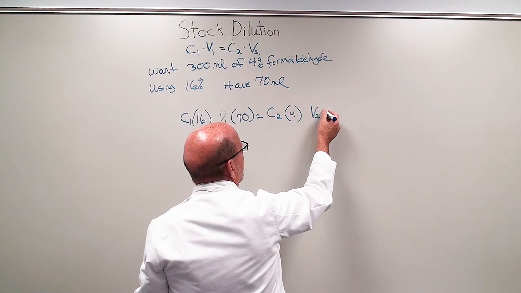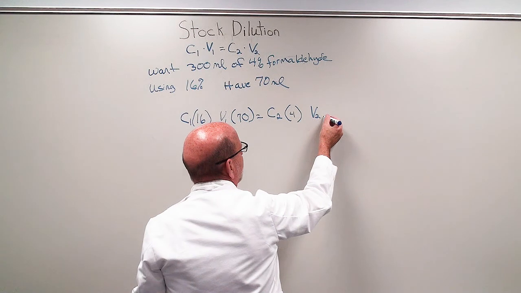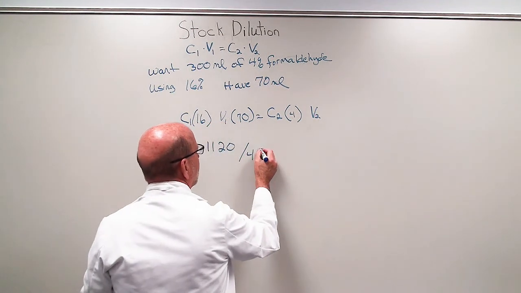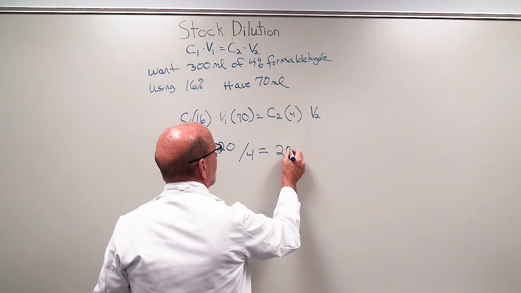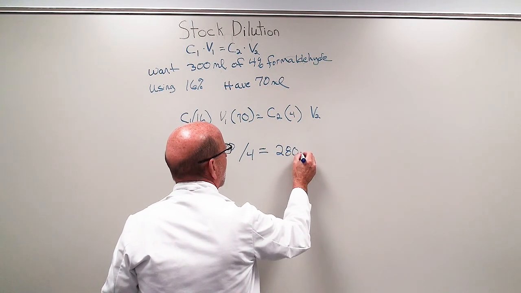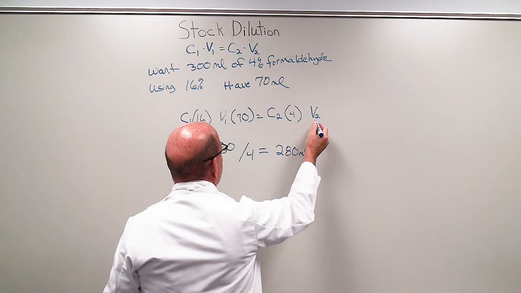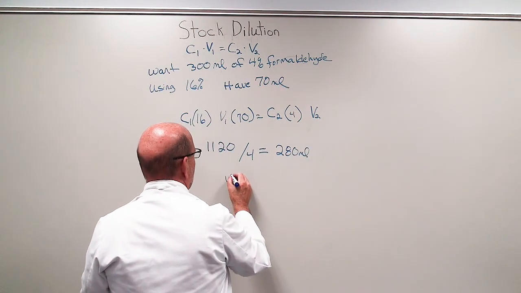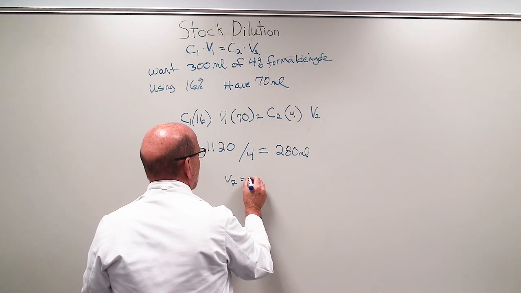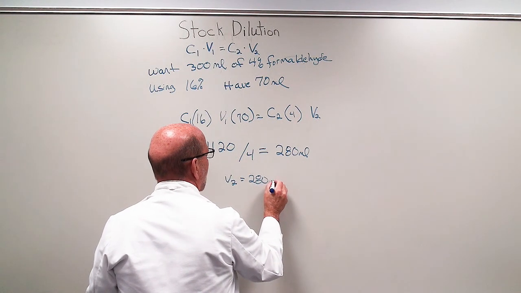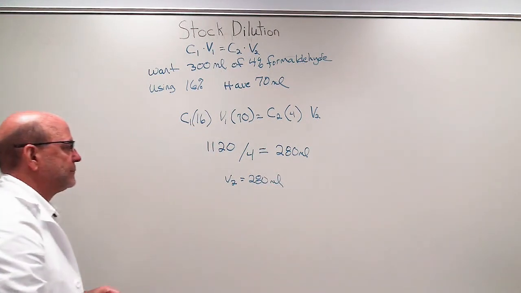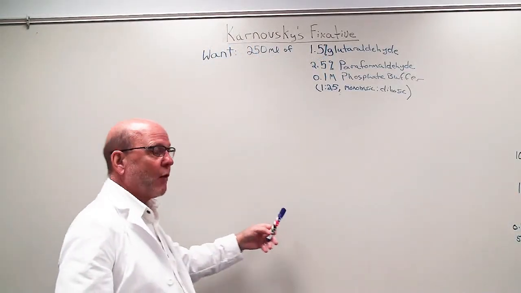That's our unknown. So we're going to do the exact same thing, just a little bit backwards, and we end up with 1120 divided by 4 equals 280 mLs. And so now, instead of 300 mLs of 4%, we're going to have 280 mLs of 4%. And this happens a lot because you don't always have all of what you need.